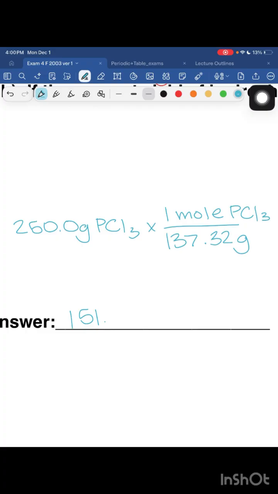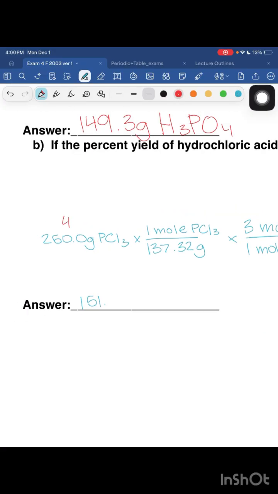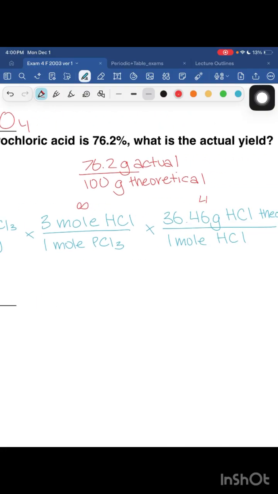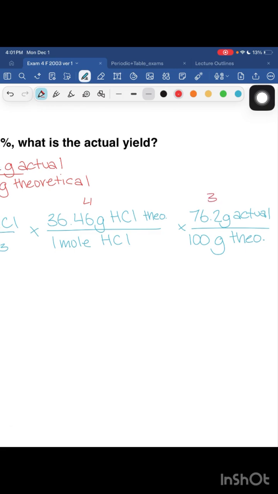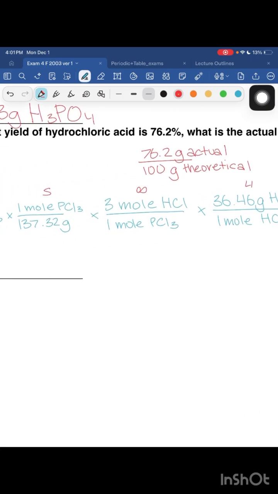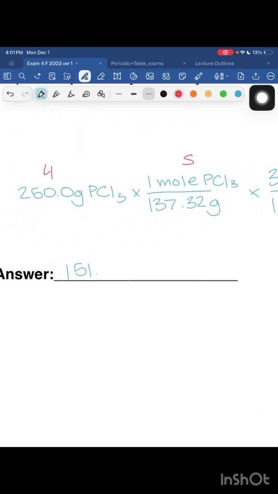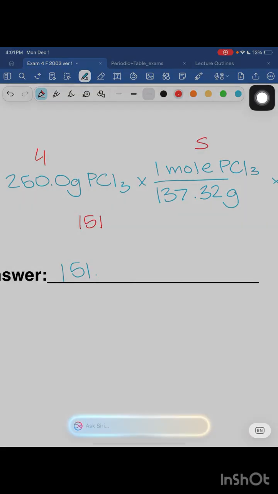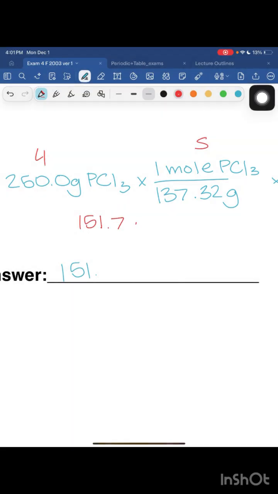151 point. Actually, before I do that, we've got 4 sig figs, 5 sig figs, infinite, and 4 sig figs again, and then 3 sig figs here, giving us, originally it's 151.7 grams.